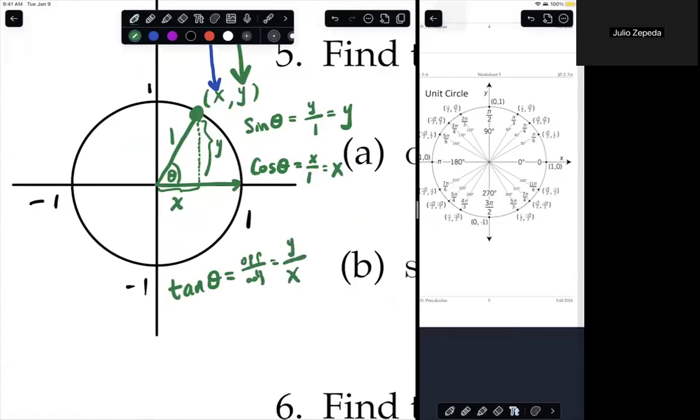The adjacent side length is x. So we have now redefined sine, cosine, and tangent instead of just using adjacent, opposite, hypotenuse. We can define the sine of any angle theta in terms of x and y.